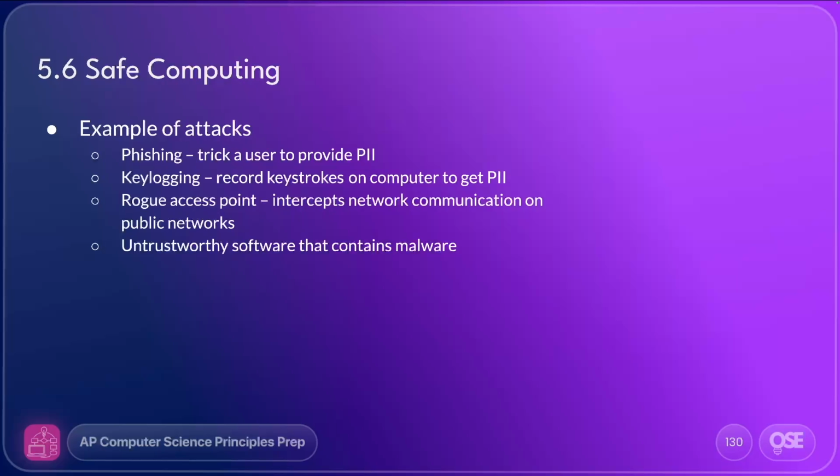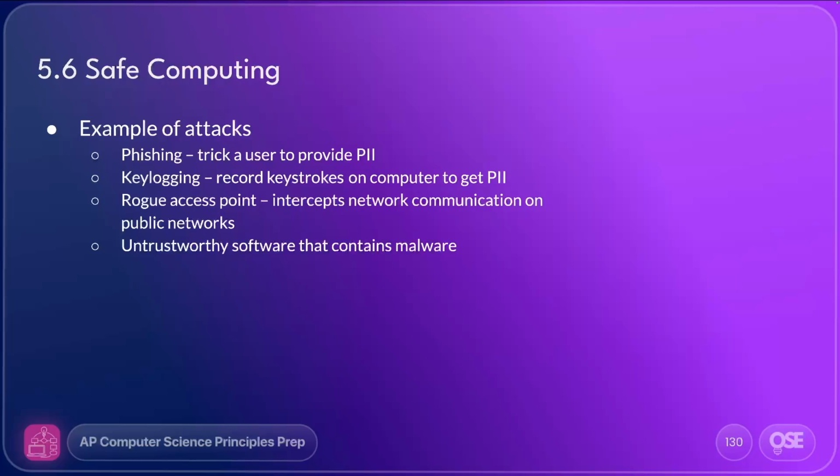Next, you have to know some examples of attacks. For instance, phishing attacks. It's when someone tries to trick you into providing personal identifiable information. For example, they send you a form pretending to be your bank and asking you to input your credit card number. Keylogging is when you record keystrokes on a computer, again to get personally identifiable information, like they track what you type so they can get your password, credit card numbers, and stuff like that.